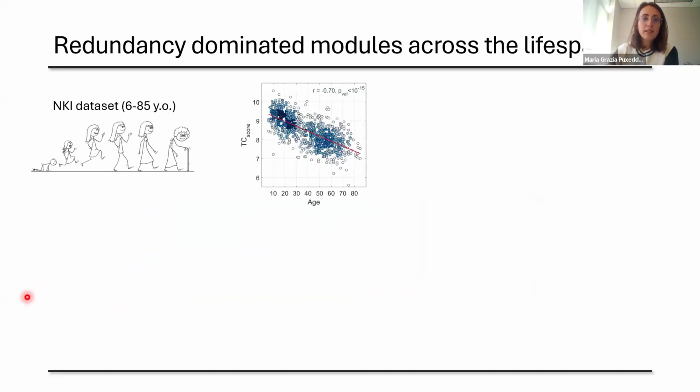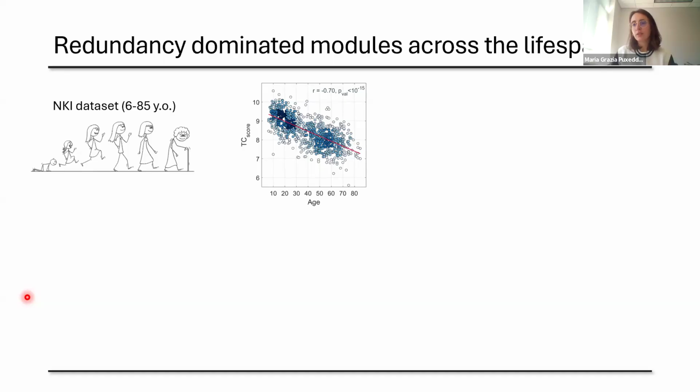Okay, last part of the work, we observed how our redundancy-dominated modular structure changes across the lifespan. So we use the NKI dataset.